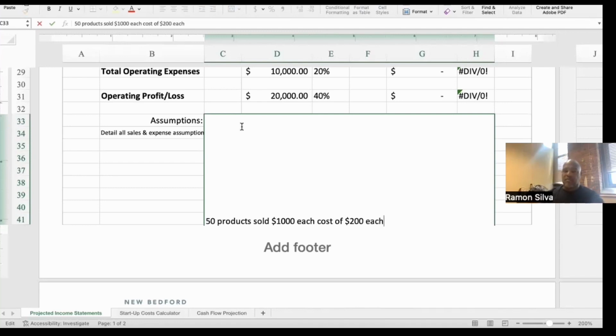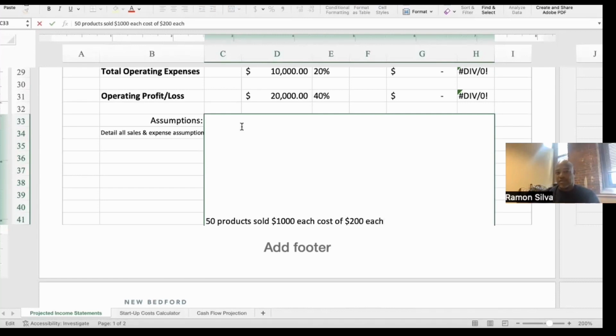One other thing to keep in mind is that these assumptions should be reasonable. If your projected gross income is $1 million and you say that you're going to sell 10 items at $100,000 each for the year, that may be a little bit unreasonable.